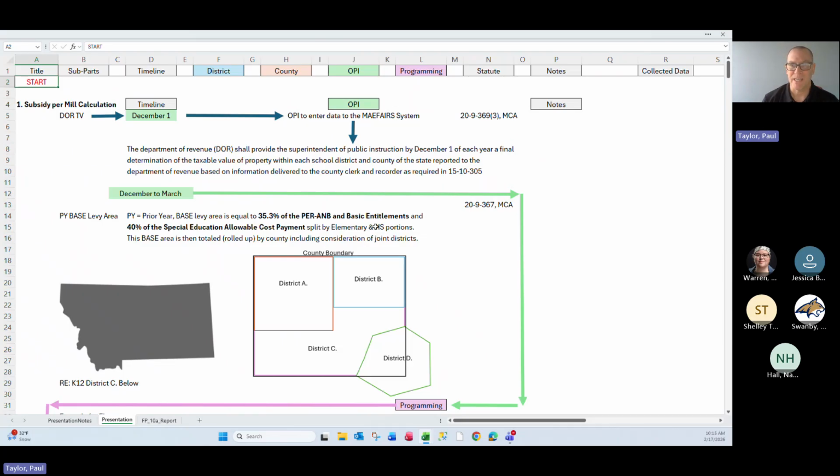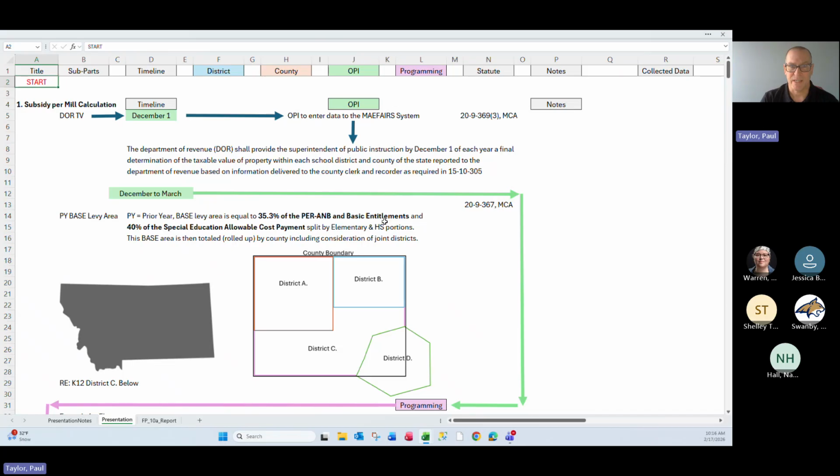So the remainder to get to the full 80% is equal to 35.3%. And that's where this value comes from. Normally, in a district that does not receive any guaranteed tax base aid, their property taxes consist of 35.3% of the per-ANB and the basic when you're talking about calculating the base budget area.